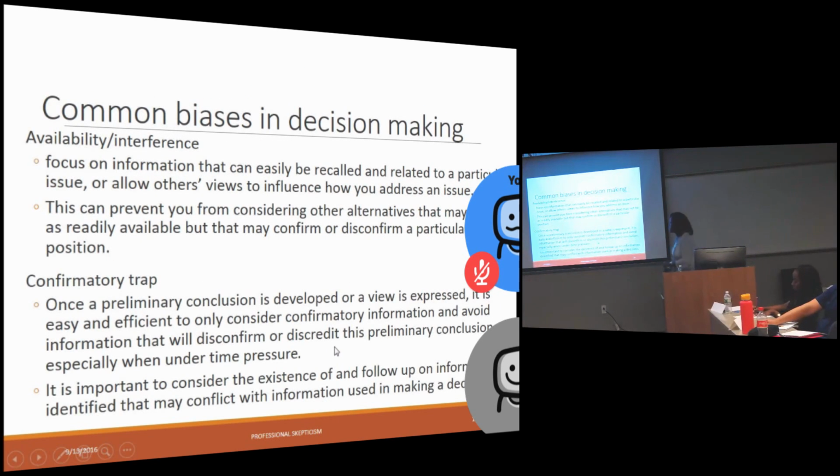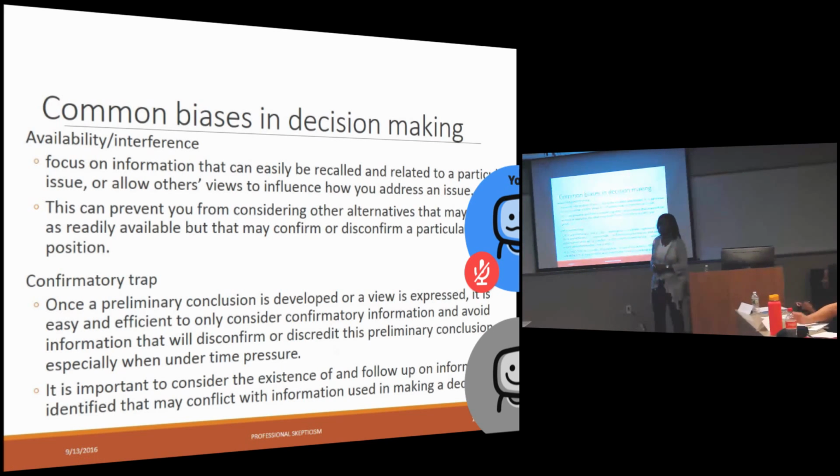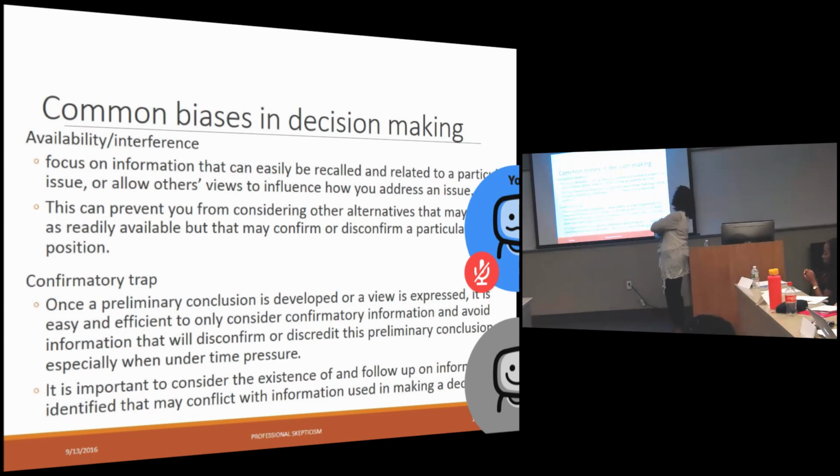And availability says you focus on information that can be easily recalled and related to a particular issue, or you allow others' views to influence how you address an issue. So which do you think best describes what happened in this case? Availability, right? Okay.